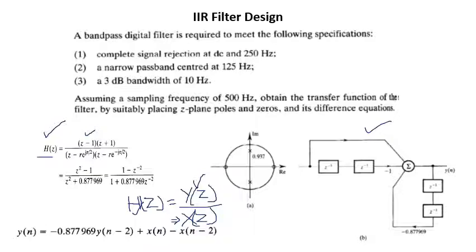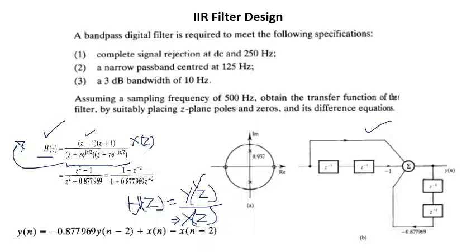Okay, so that's straightforward. H of z multiplied by x of z, so you can say that x of z is here, right? And because this divided this side, we can bring it to the other side, so we multiply this with y of z, right? So that's straightforward.